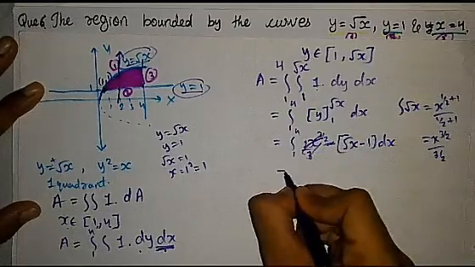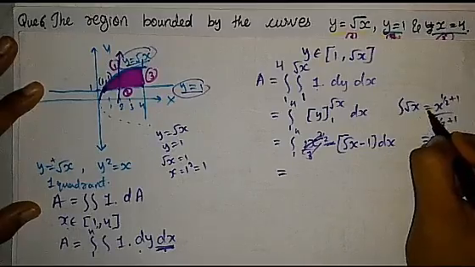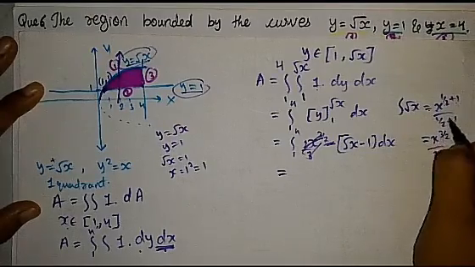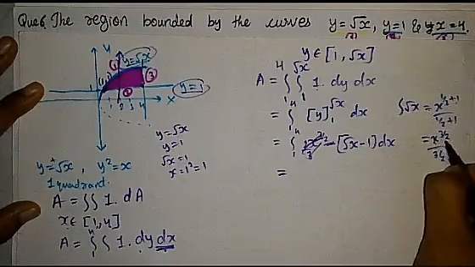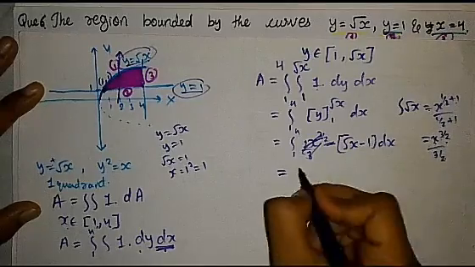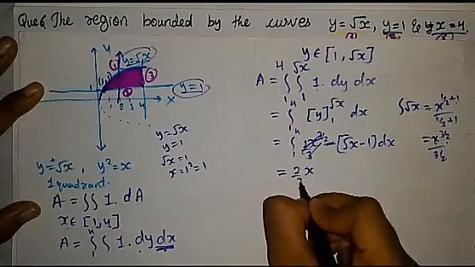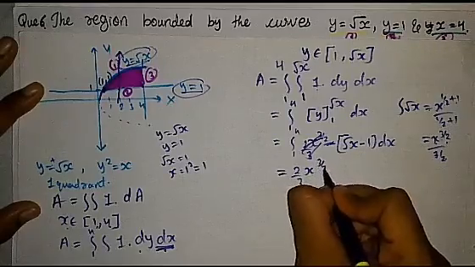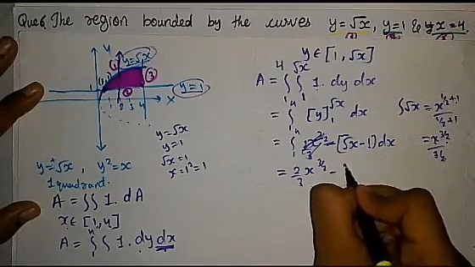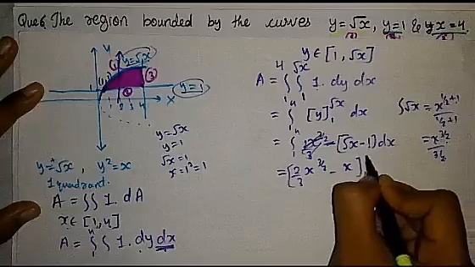Now integrate this term. We know that integration of root x is equal to x raised to 1 by 2 plus 1 upon 1 by 2 plus 1, that is x raised to 3 by 2 upon 3 by 2. So we can write 2 by 3 x raised to 3 by 2 minus integration of 1 is x, its limit are 1 to 4.